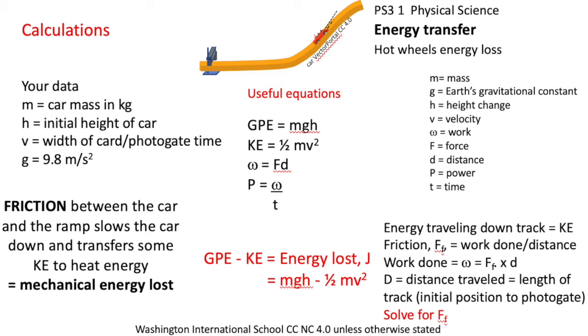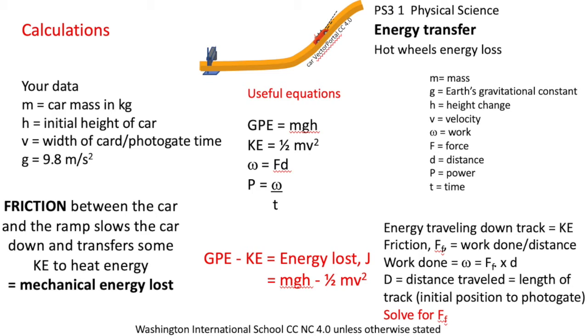Your data, and these are the initials for the different items in your equations, and useful equations: gravitational potential energy, kinetic energy, W, which is the work done, and P, which is power, work done over time.